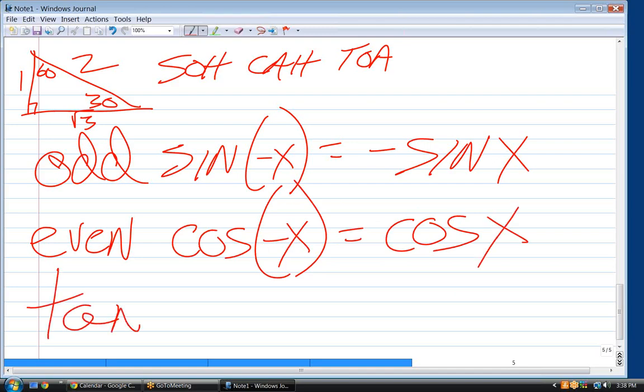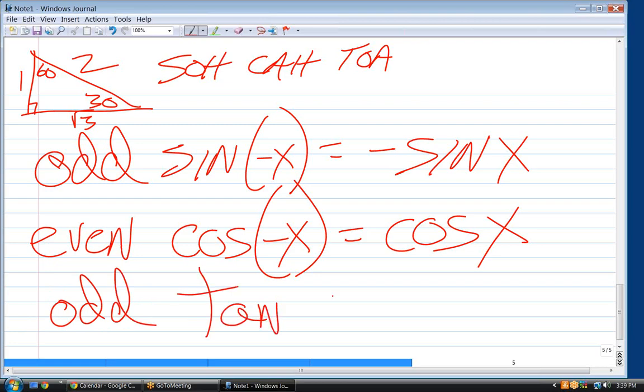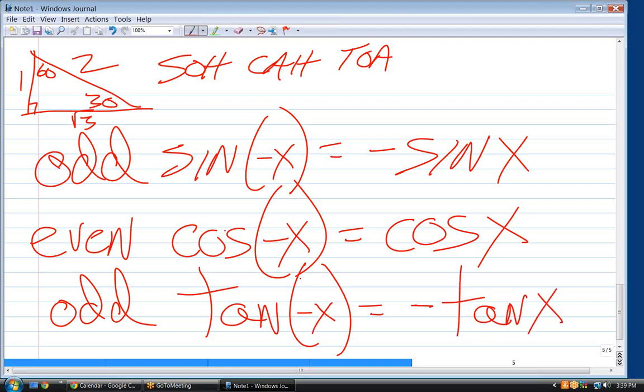Tangent is odd. And of course, each reciprocal shares the same property. So if sine is odd, then cosecant is odd.